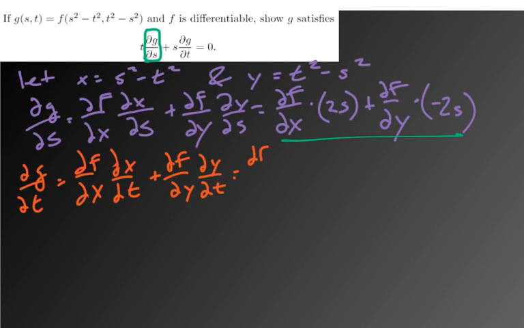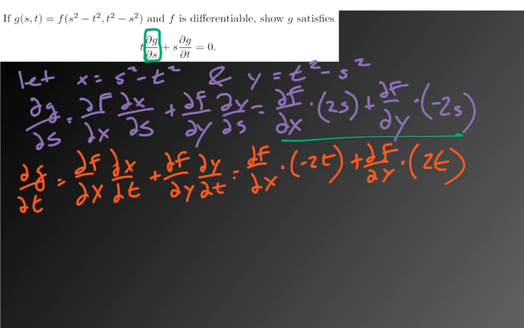We don't really know what partial of f with respect to x is, but we know it's differentiable, so we can write that. But x with respect to t is just going to be minus 2t. And then we'll copy this down. And then partial of y with respect to t is going to be just 2t. So now we can go and plug everything in, and we'll basically be done.